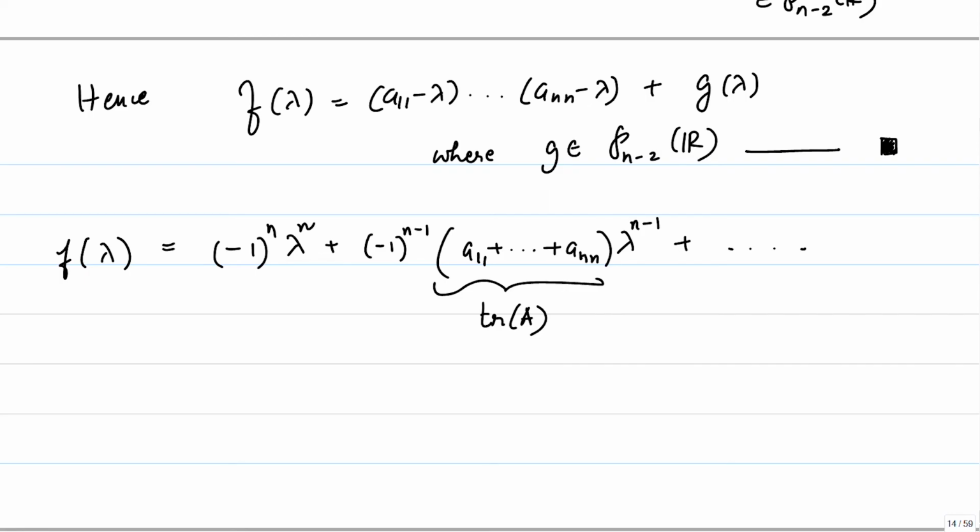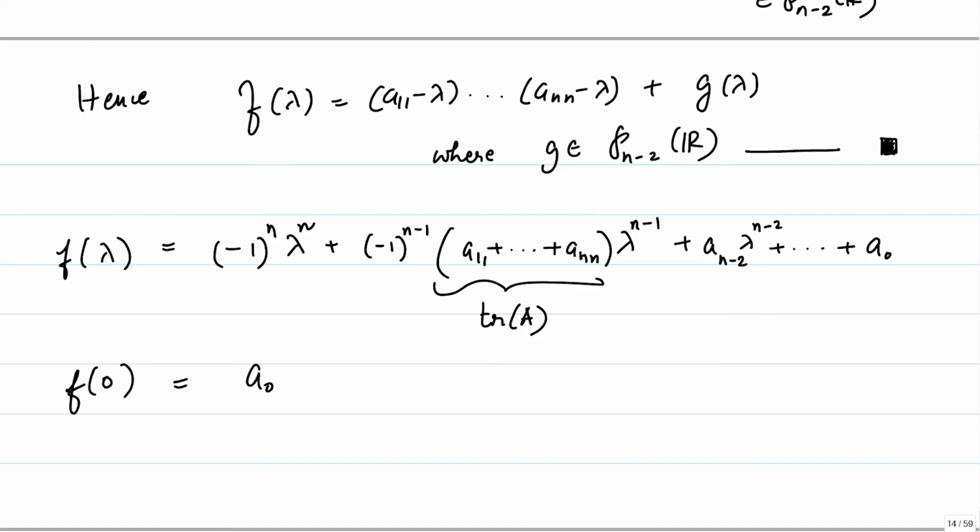This is nothing but the trace of the matrix A. So that's good. Suppose the remaining terms, if I have to write them out, are a_{n-2} lambda to the power n minus 2 plus up to a0. Suppose this is our f of lambda. So what is f of 0? F of 0 is just going to be equal to a0.